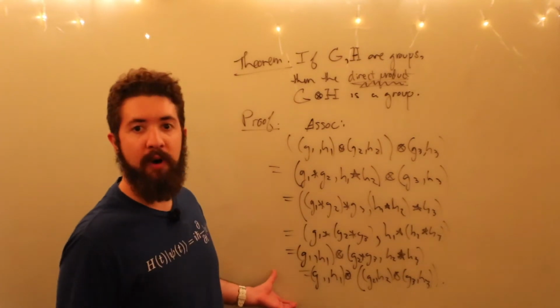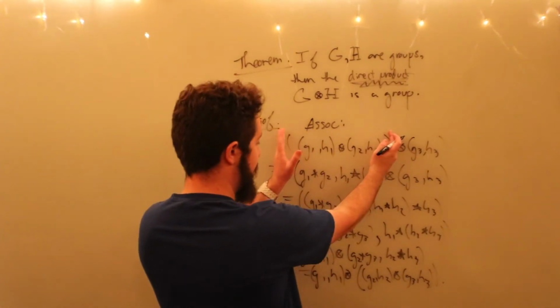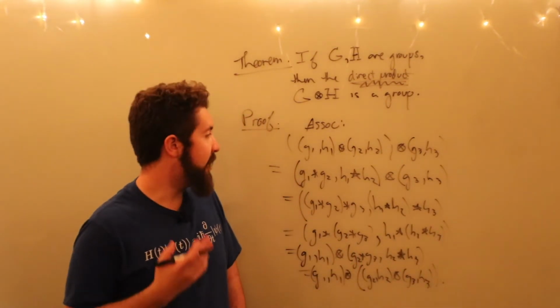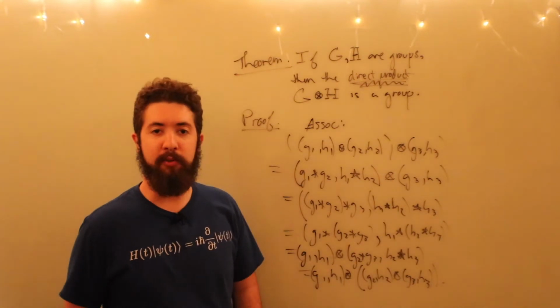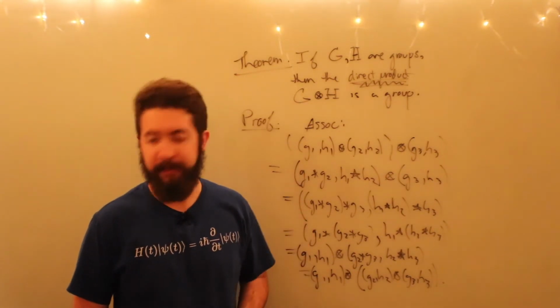And this is exactly what we wanted to show, that we can change the parentheses from here to here in the direct product group, and it's still equal, right? So there's associativity. Group axiom number 1 is satisfied.